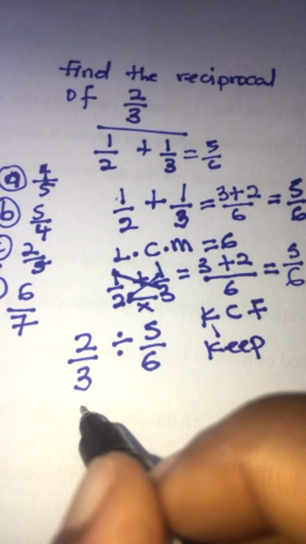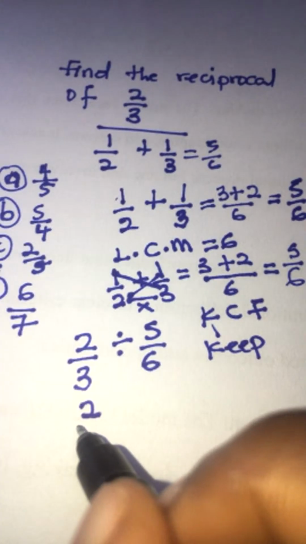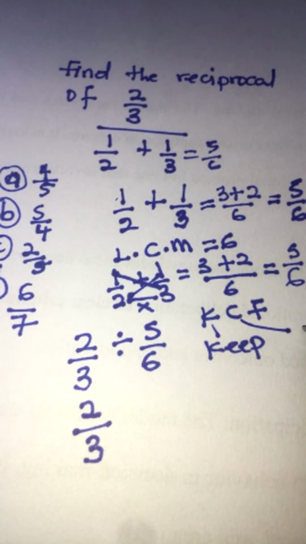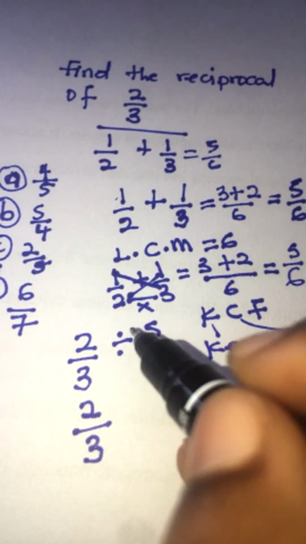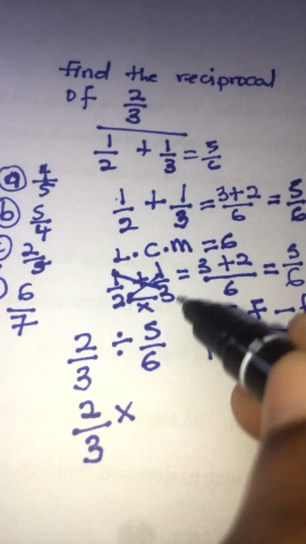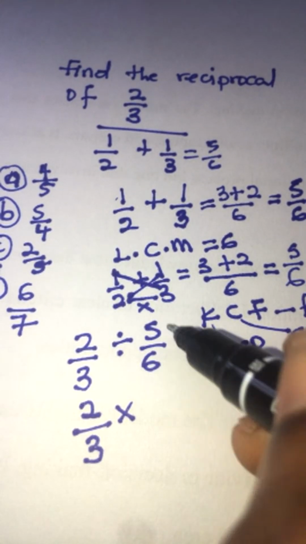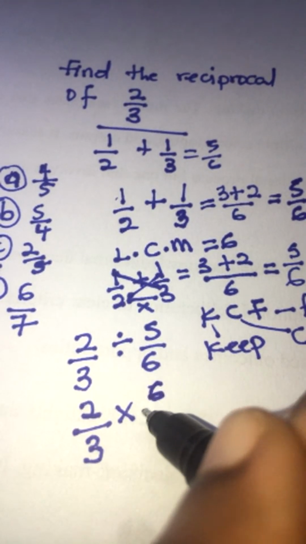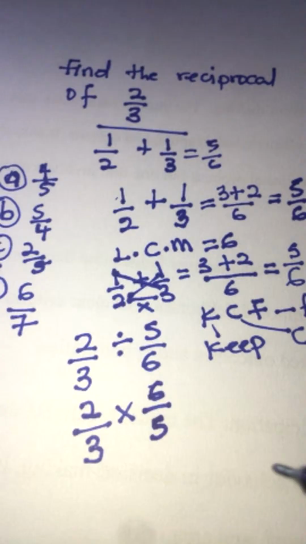So you keep the first fraction, 2 out of 3. The C is change. You change the division sign to multiplication, and the F stands for flip. So you flip this fraction to 6 over 5.